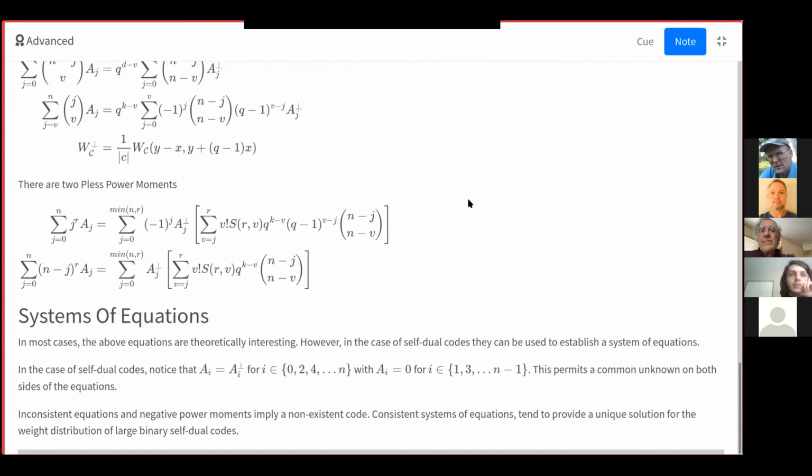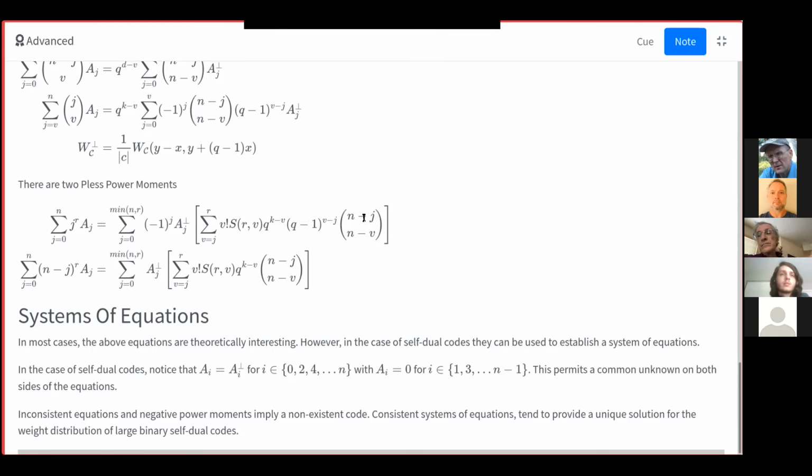Well, in the case of self-dual codes, where the code and its orthogonal complement are equal to each other, it turns out that the weight distributions are equal. So if you look at the left-hand side and the right-hand side, you end up creating a system of equations. And whenever you look for a solution for those systems of equations, you'll find that you can sometimes take a code that's not known to exist, create the system of equations, and if you end up with a negative value in the solution, you know that code couldn't exist because the weight distribution can't be negative anywhere.